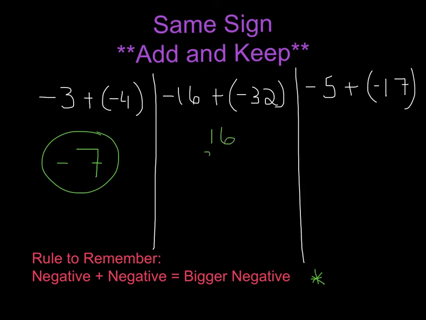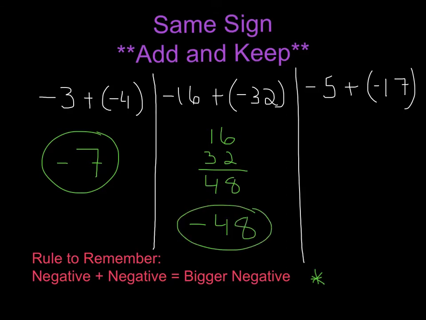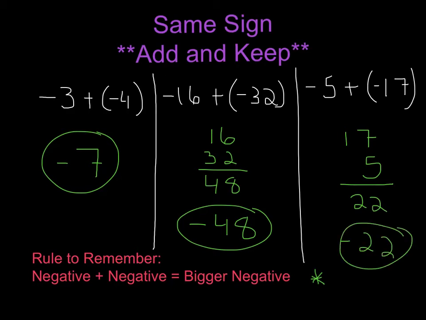So 16 plus 32 is 48, but it's a bigger negative, so -48. And then the last one, we're going to add them together because we get a bigger negative. And 17 plus 5 is 22, but it's a bigger negative, so -22.